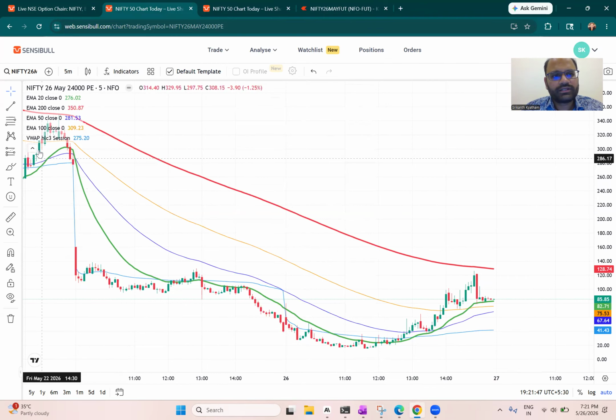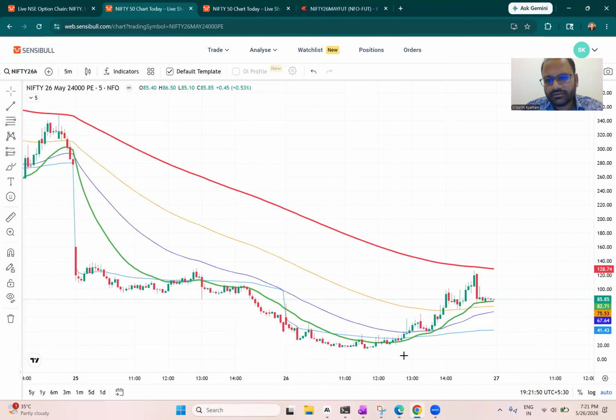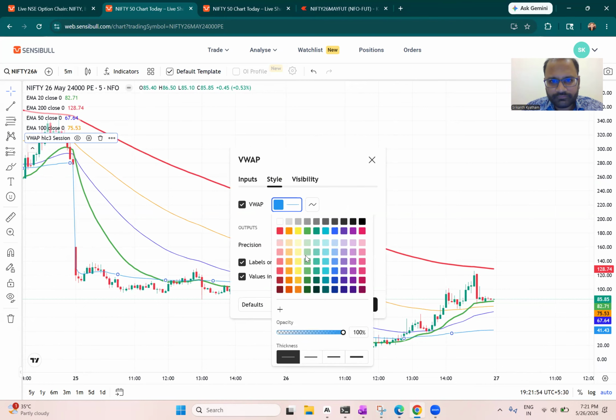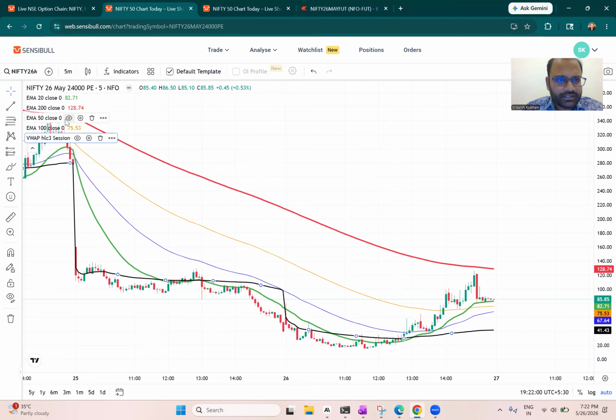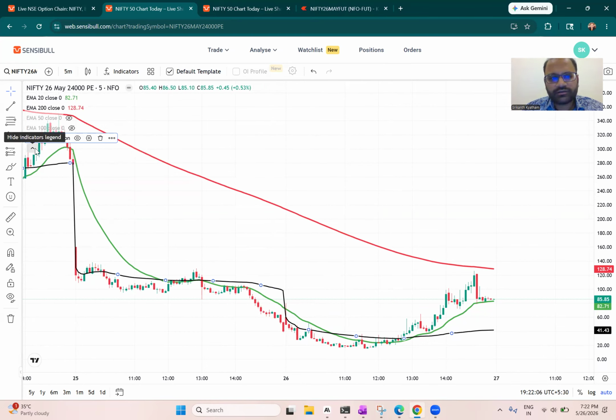So what does VWAP indicate? Let's actually hide 50 and 100 EMA. VWAP in the sense is where the sellers have sold. At any point. Let's go with that.